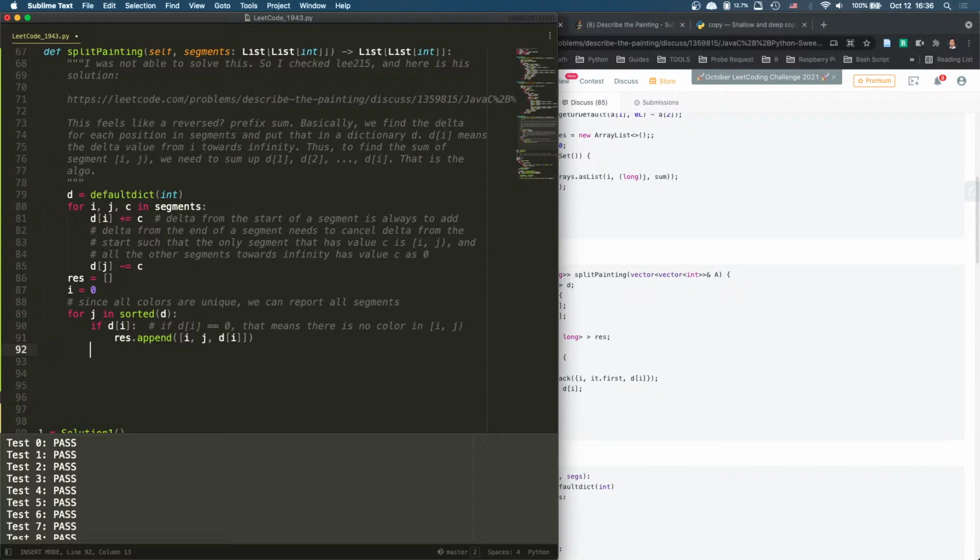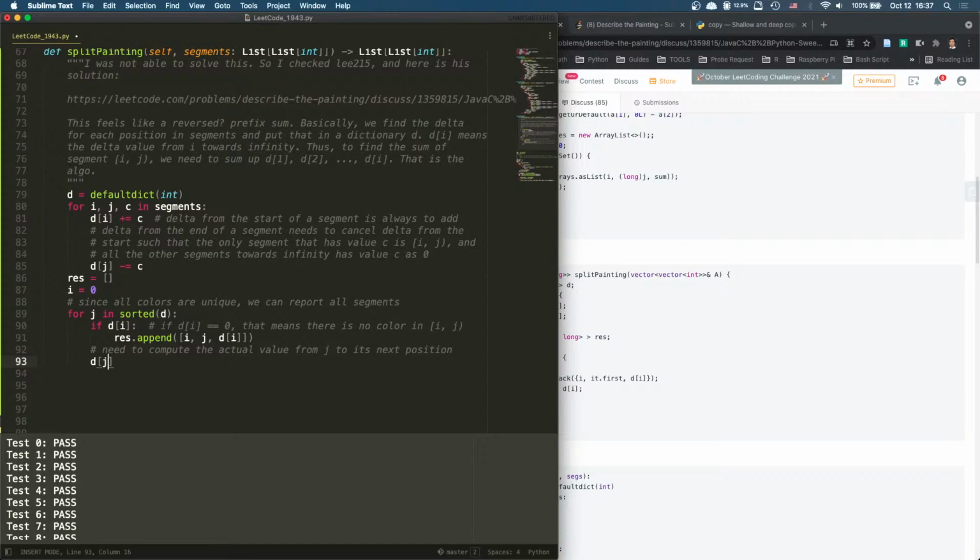So i, j is done, right? So now we need to compute the actual value from j to its next position, right? So next position.